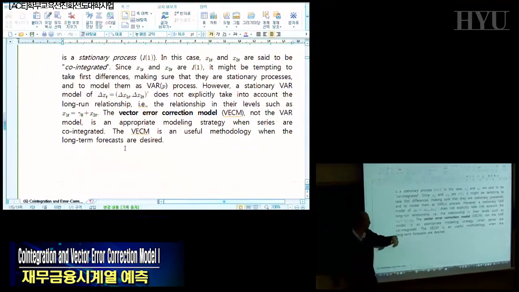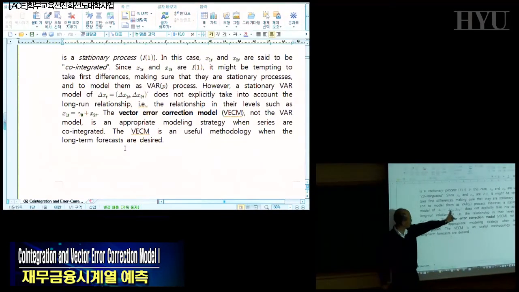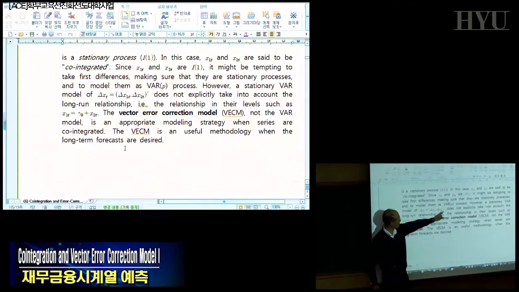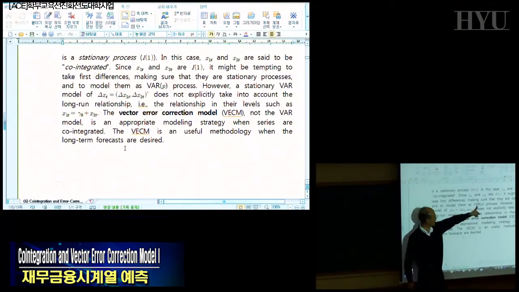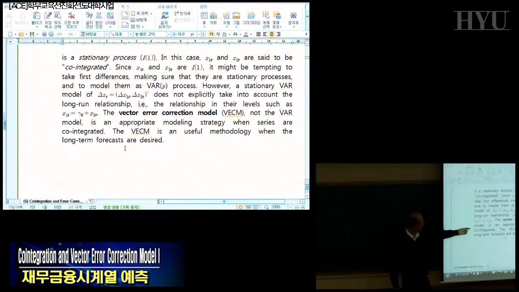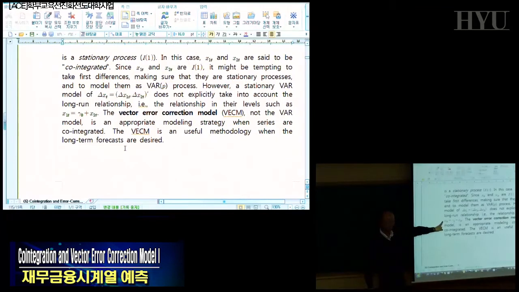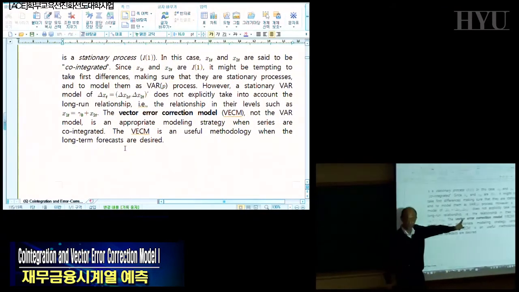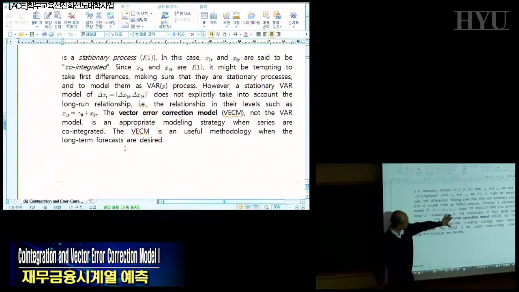So thinking of these two variables in terms of first difference is natural, right? So if you take first difference, then actually you are aiming at this part, right? But where can we include this information? So that's the idea of this.